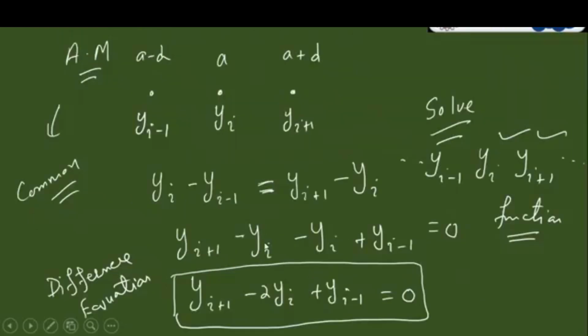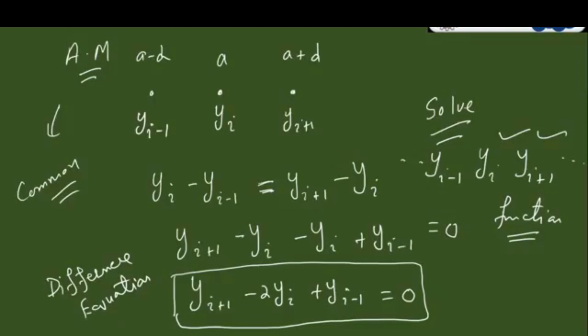Similarly, the rule here is that the common difference is the same between consecutive terms. We will learn later how we can solve it, which means we have a discrete set that satisfies this equation.